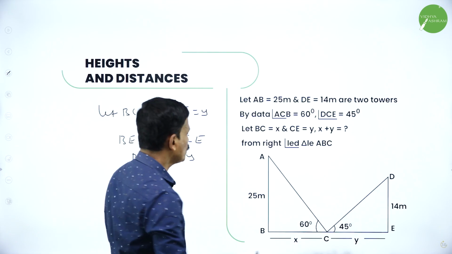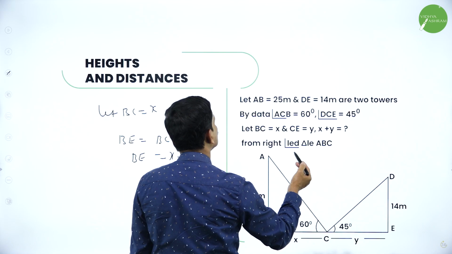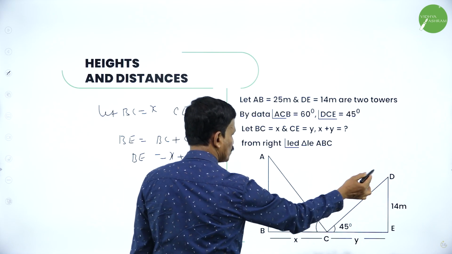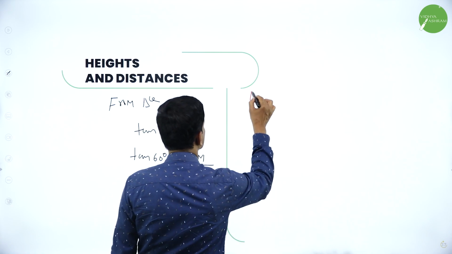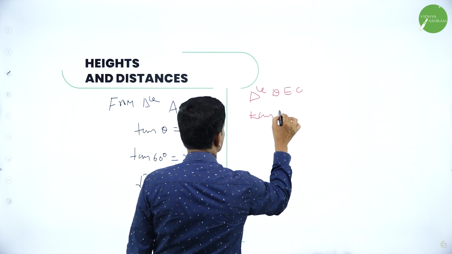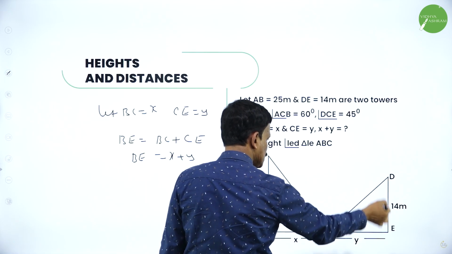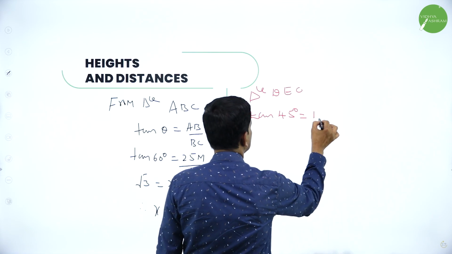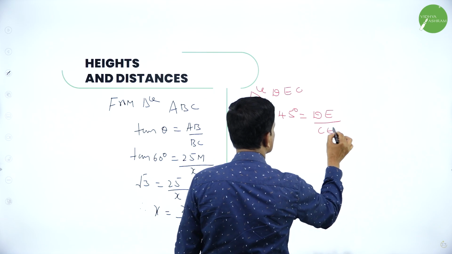Okay. From this right-angled triangle we got ABC. From another triangle DEC, find out tan 45. Tan 45 is equal to DE divided by CE.